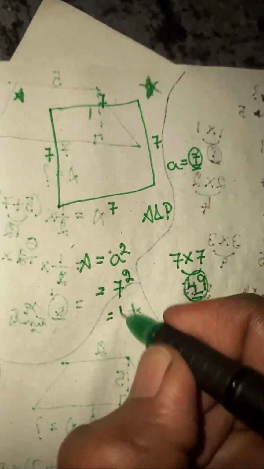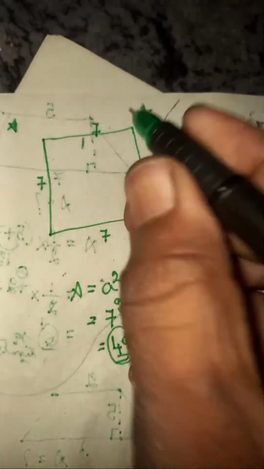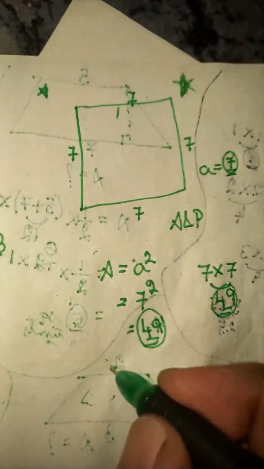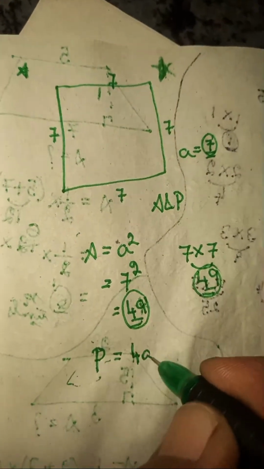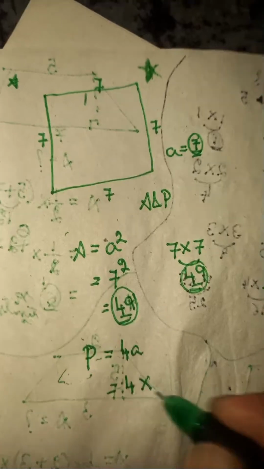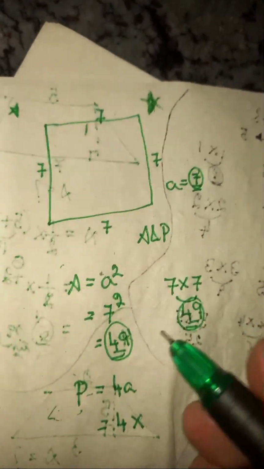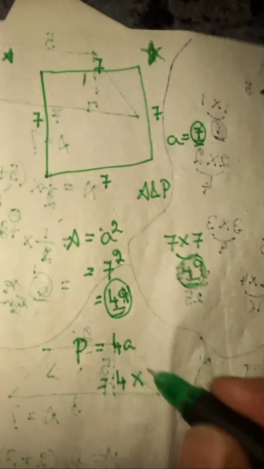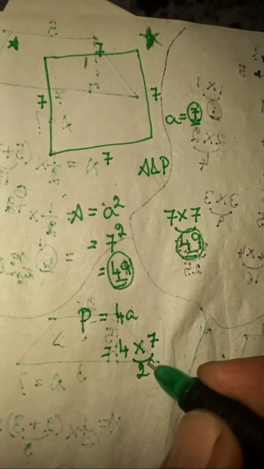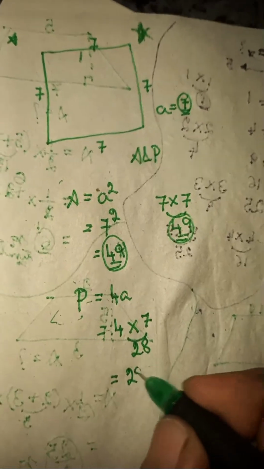So it is 49 square units. Since we are finding out area, complete space, and perimeter equal to 4a. That means 4 times the side length, which is 7. 4 times 7 is 28. So it's going to become 28 units.